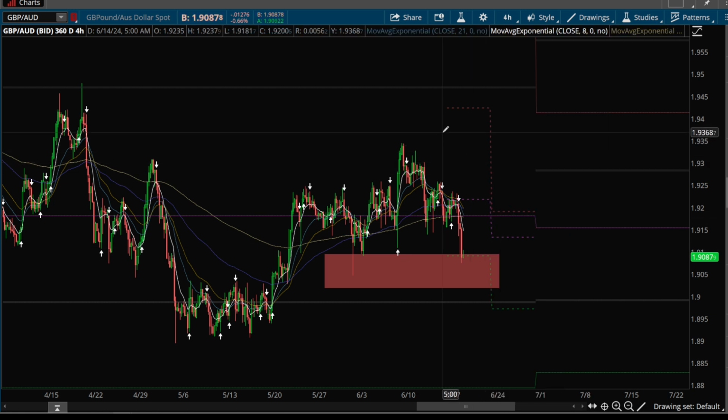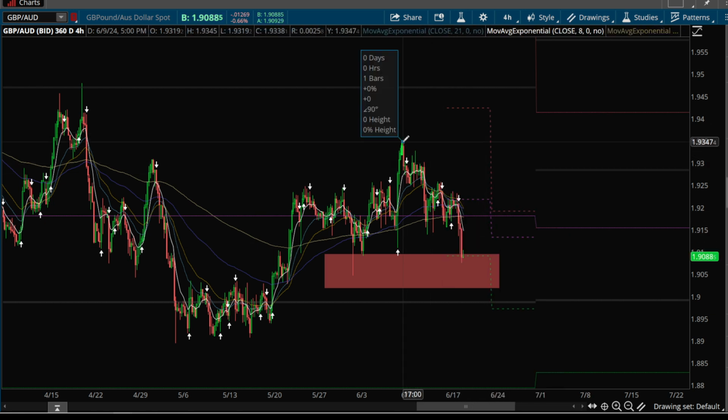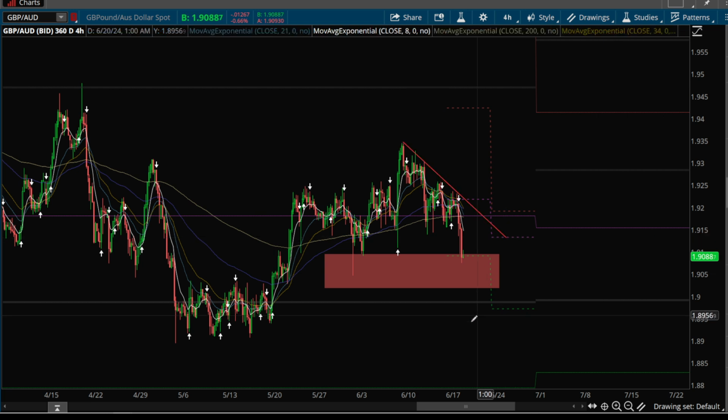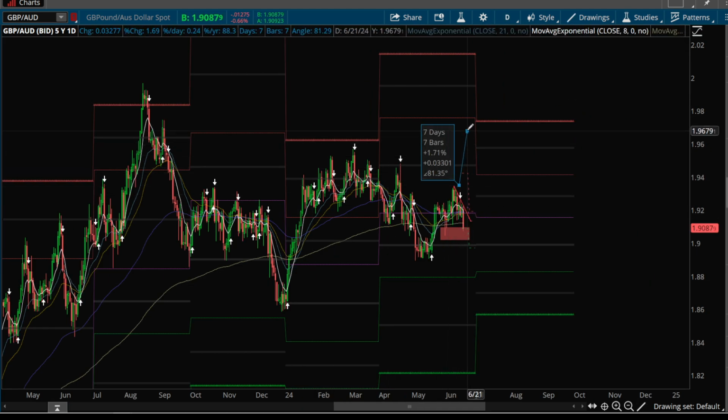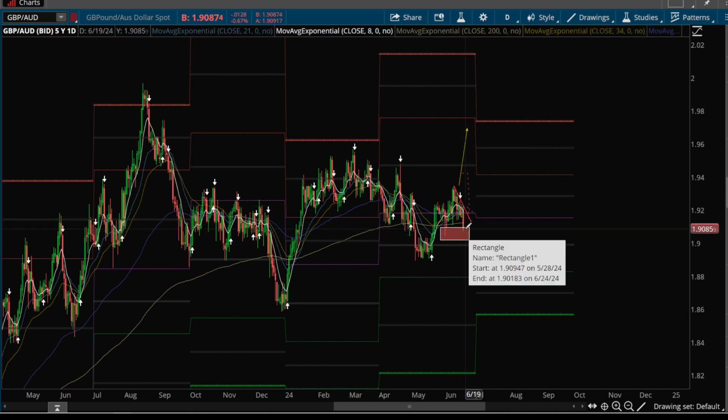So if we're going to buy again, we have a new structure. We have a structure now, right? So let it come out of structure. We'll take our first higher low after the break of structure if we're still going to get this impulse up right here. So it's looking like it could still make an impulsive move.